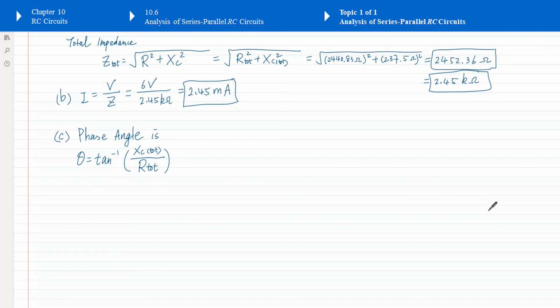Since this is the phase angle of the overall circuit, we need to use the total capacitive reactance and the total resistance. The capacitive reactance is in the numerator, and the total resistance is in the denominator. Just plug in the numbers: 237.5 ohm divided by 2440.83 ohm. Punching this into the calculator, I got 5.56 degrees.